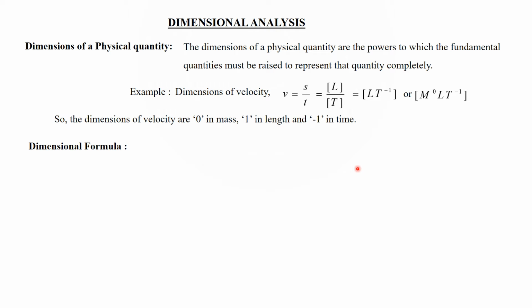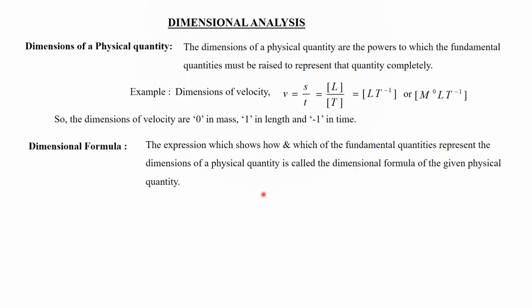Now, what do you mean by dimensional formula? The expression which shows how and which of the fundamental quantities represent the dimensions of a physical quantity is called the dimensional formula of the given physical quantity. Let's try to understand this with an example.